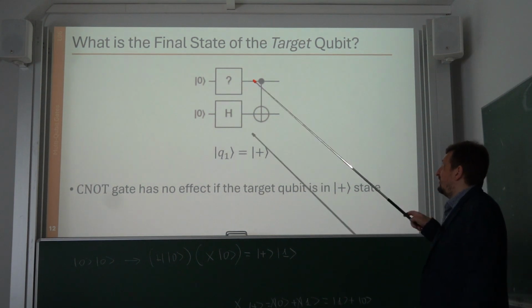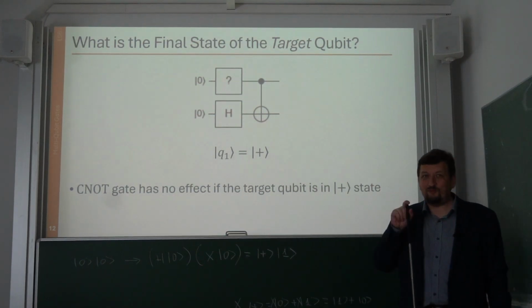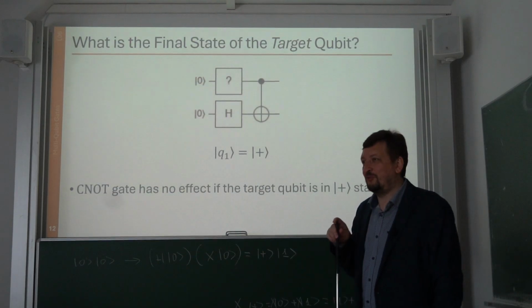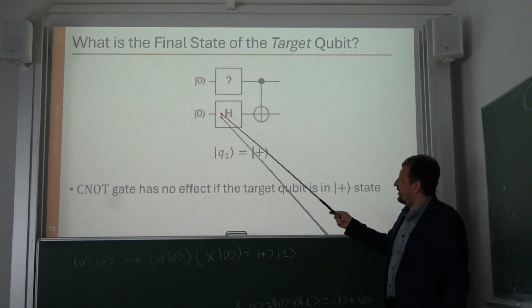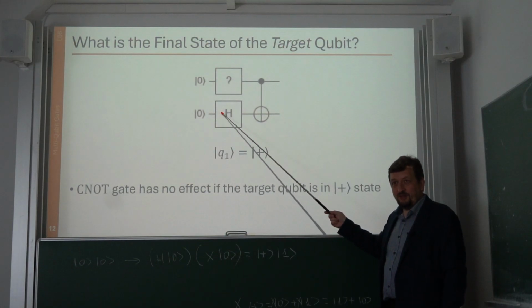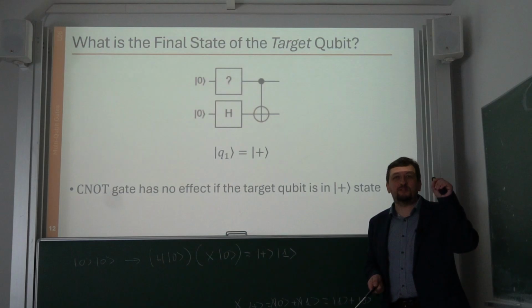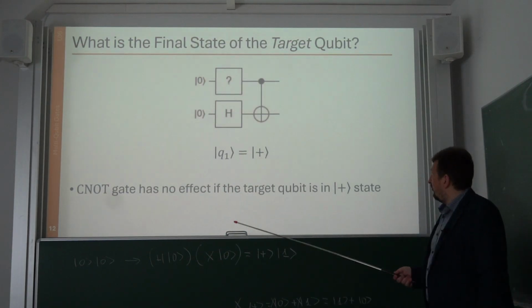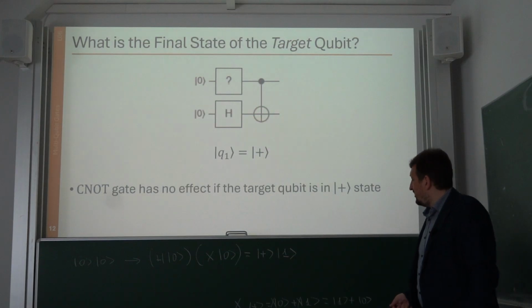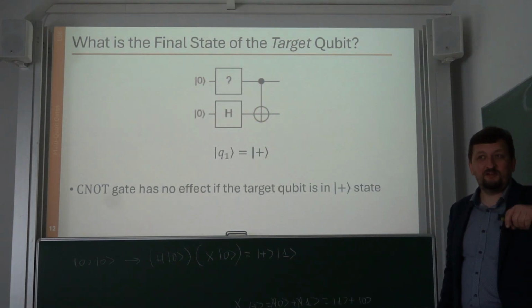So this combination is not very often used in quantum computing, but a very similar one is used. If instead of just the Hadamard gate, I have the X gate and the Hadamard gate, then here I would generate not state plus, but state minus. So the control X gate does not change this state minus, but it flips its phase.